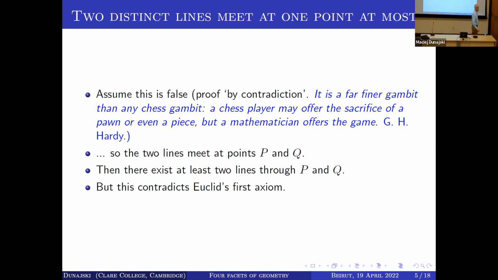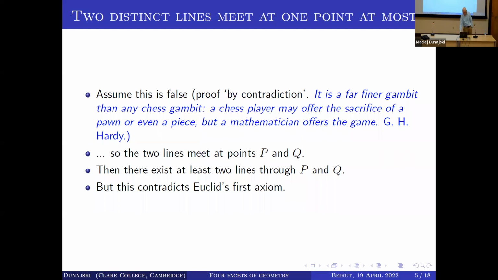Remember, Euclid's first axiom was that between any 2 points, you can draw exactly one line segment. So by assuming that our theorem is false and using logic, we contradicted the first axiom of Euclid, and the only way out, therefore, is that this theorem is true.